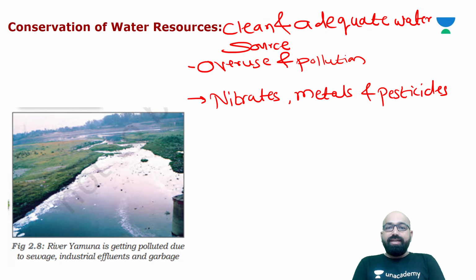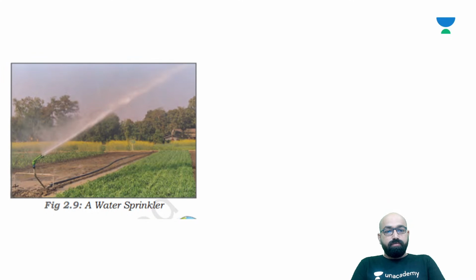In dry regions with high rates of evaporation, drip or trickle irrigation is very useful. So friends, the valuable water resource can therefore be conserved by adopting these means of irrigation. Yes, see the water sprinkler.